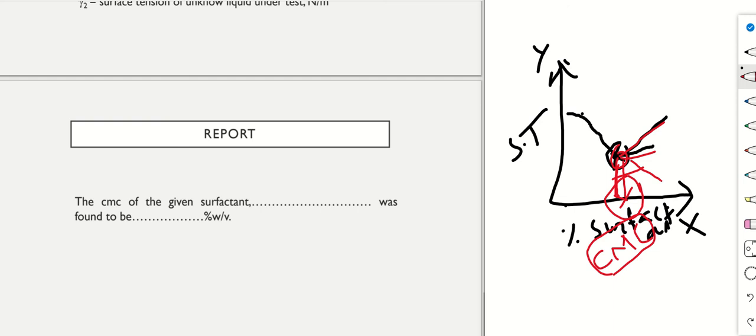This is how we carry out the experiment to determine the critical micellar concentration of the given surfactant by means of a stalagmometer, and the principle used in this experiment is the drop count method. If you have any doubts, you can ask me through mail. This is the end of the experiment.